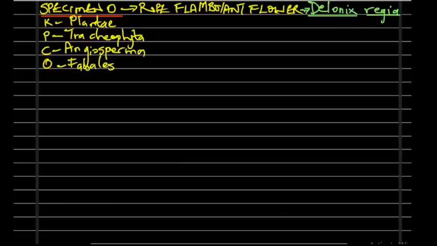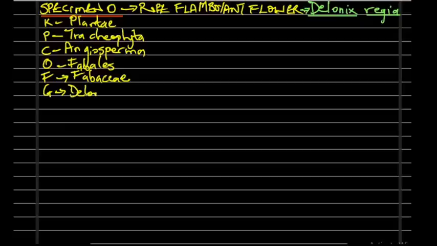We have the family this time around to be the Fabaceae. We have the genus to be the Delonix, and then the species is the regia.